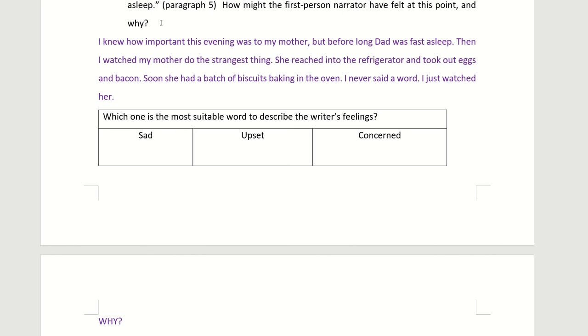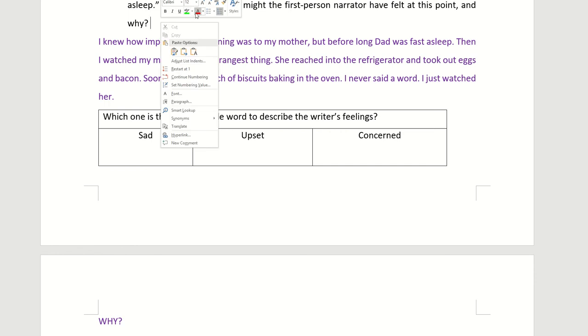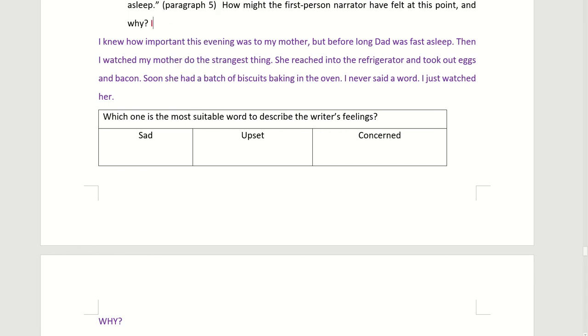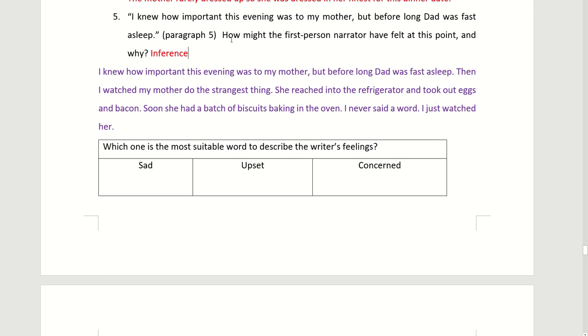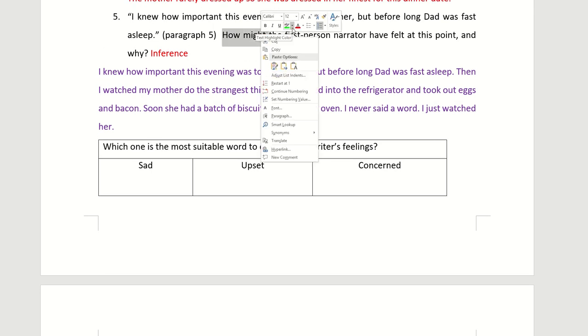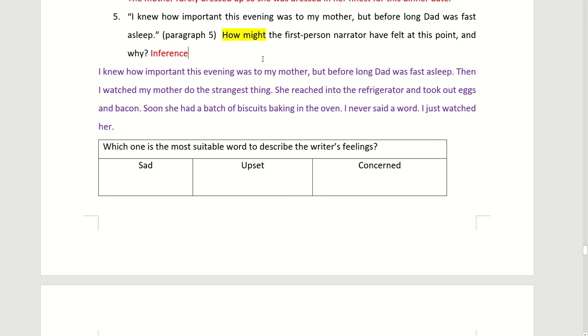Okay, you have to learn. Oh, I forgot to write. This is an inference question. Okay, inference question. How might tells you that it's an inference question. Okay, so how might she feel?